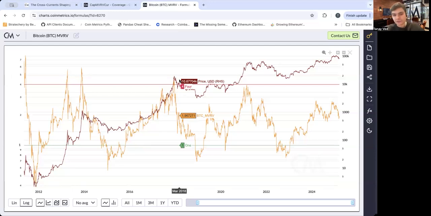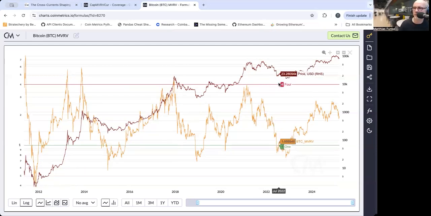Similarly, on the flip side, as price goes down, MVRV comes back down as Bitcoin's market cap reduces. We can see the same thing in the 2021 bull market, when Bitcoin hit about 67,000 and then retreated from there. And that brings us to today.